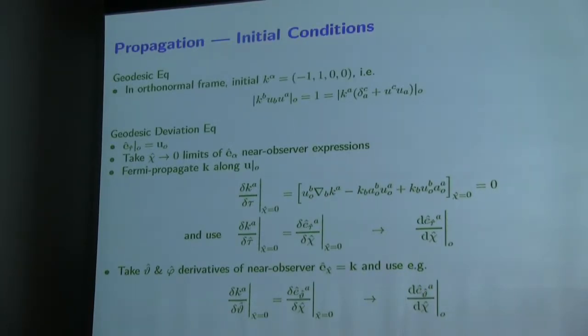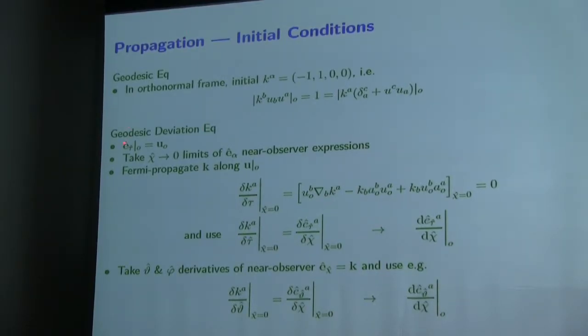We need initial conditions, and I've summarized them here, but essentially for the initial condition of the geodesic equation, we basically need to define what k is near the observer in the orthonormal frame, and this gives us initial conditions like this.